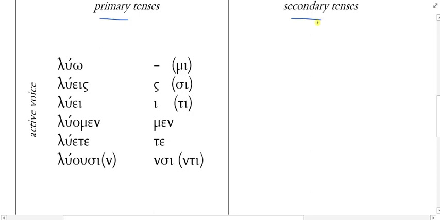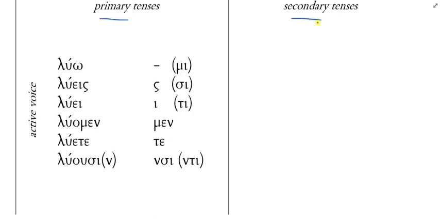Okay, primary tenses are the tenses that are not past. All right? Secondary tenses are the past time tenses. And they use something called an augment. It's a little prefix added to the verb form to indicate that it's a past time verb. So we're not going to meet any augments for several more chapters.